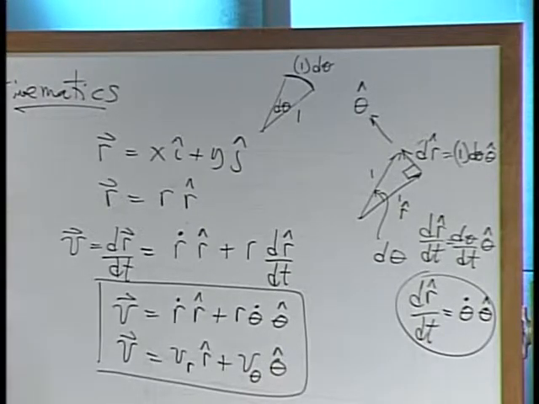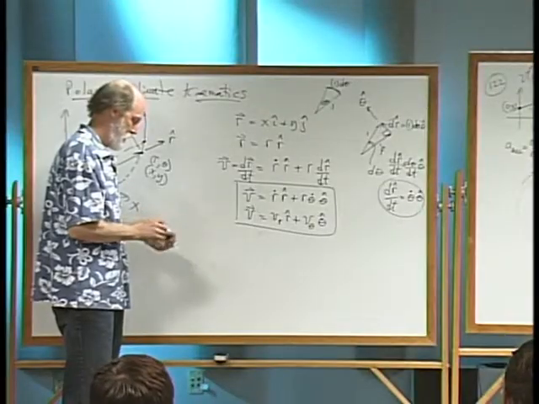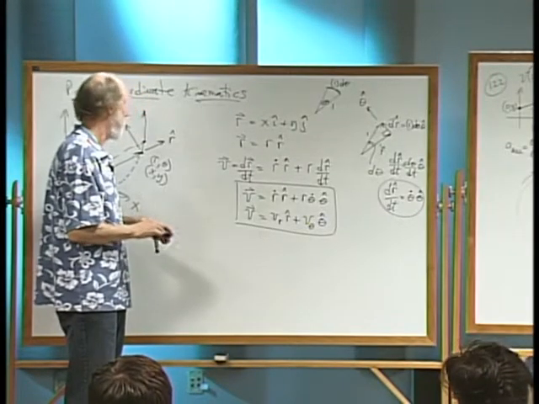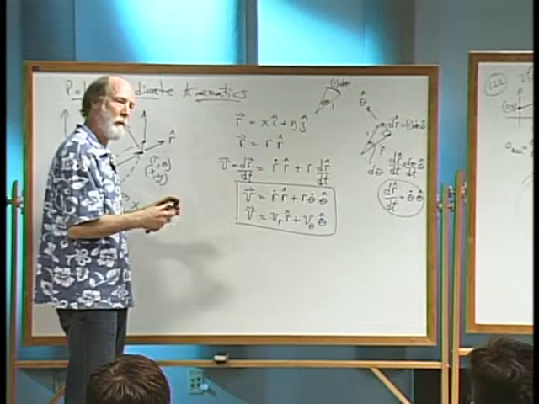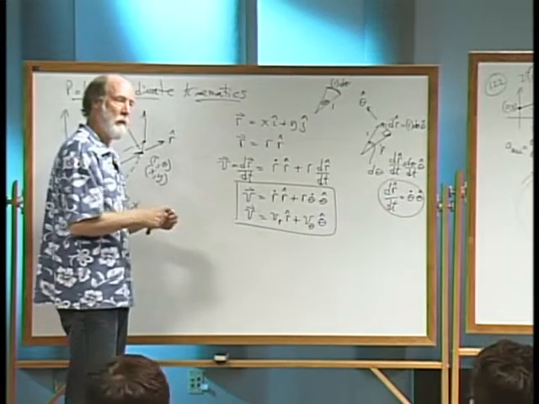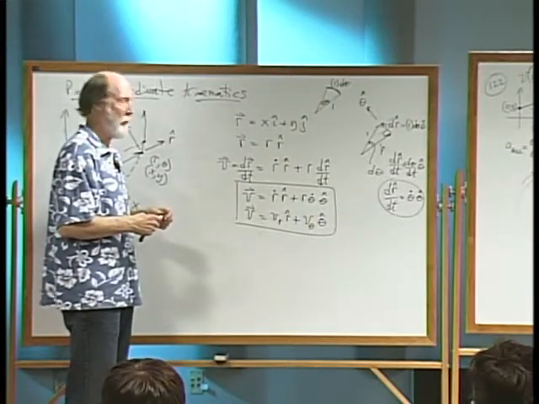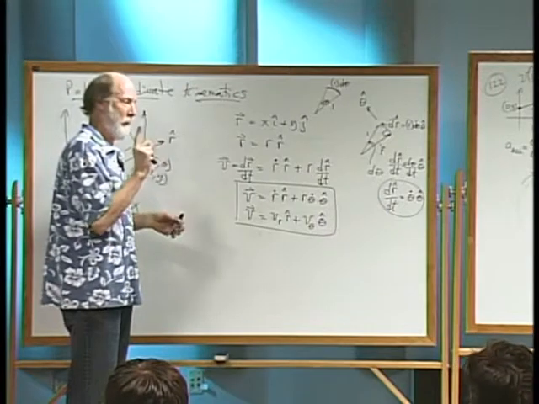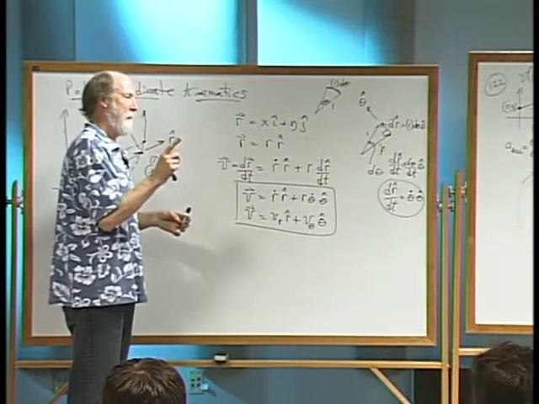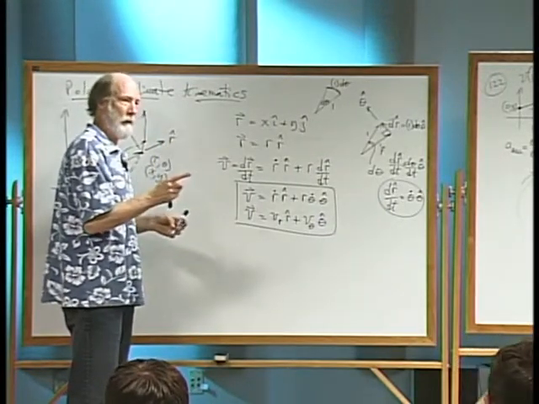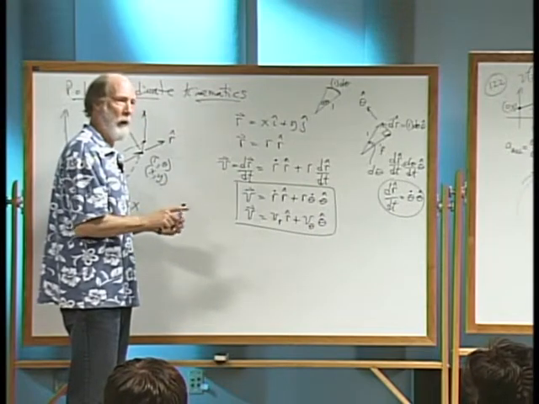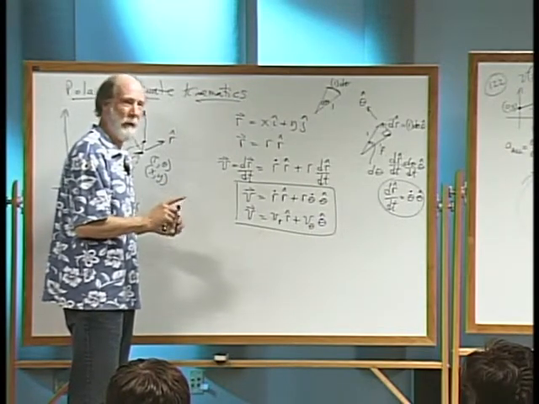So the theta hat isn't a normal unit vector in the sense of the ones that we're used to seeing. It's in a direction that is perpendicular to r hat, always.